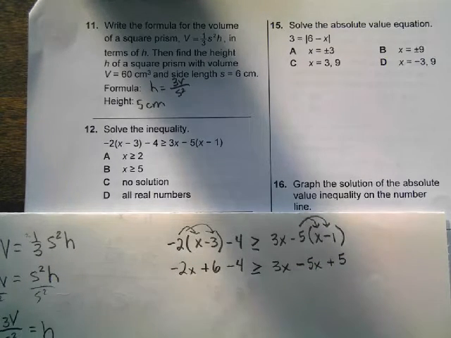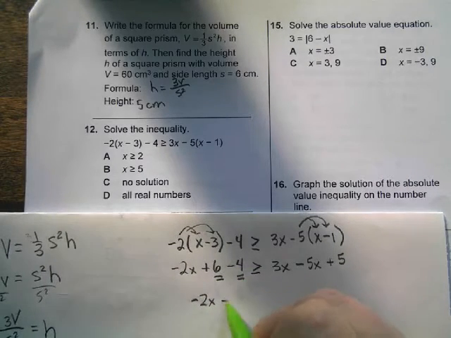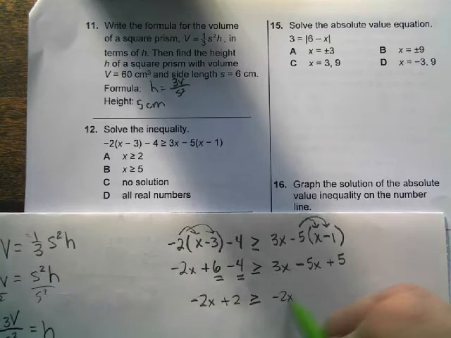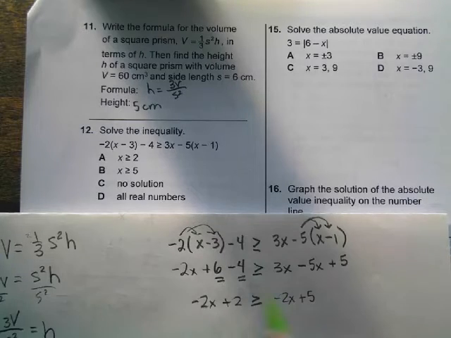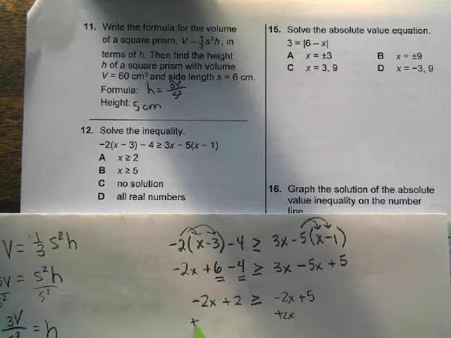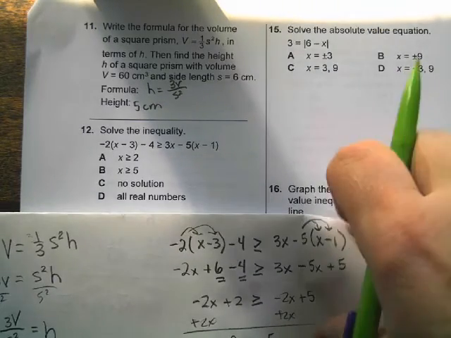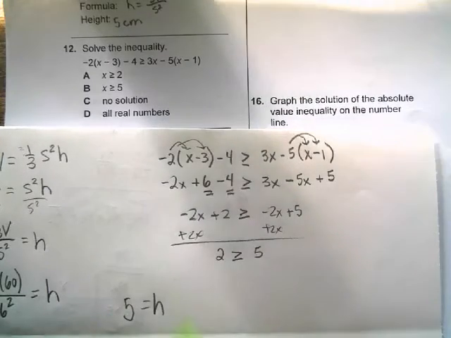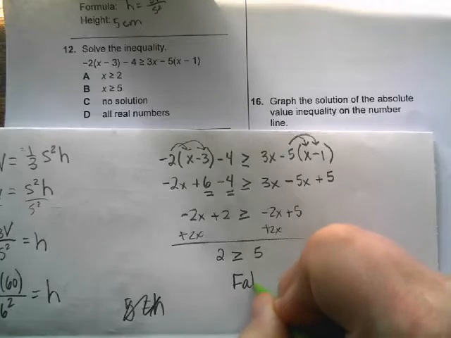I'm going to add like terms. Over here I get negative 2x plus 2. Over here I get negative 2x plus 5. When we go to get our x's together, they drop out. I get 2 is greater than or equal to 5, and that is a false statement, correct?